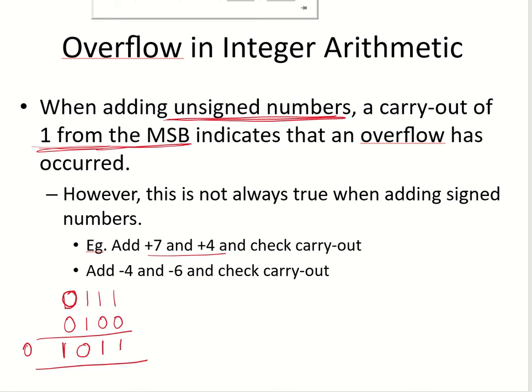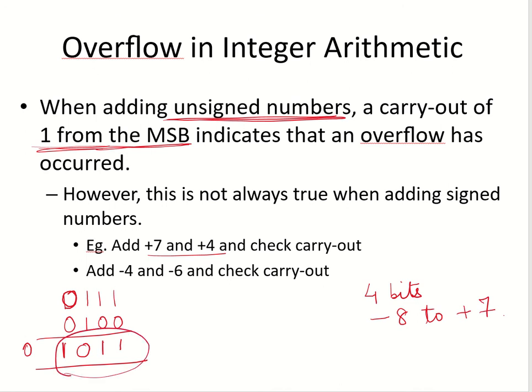What is the range of 4 bits in 2's complement? In 2's complement, the range is minus 8 to plus 7. So this 11, the 7 plus 4, cannot be represented in 4 bits.